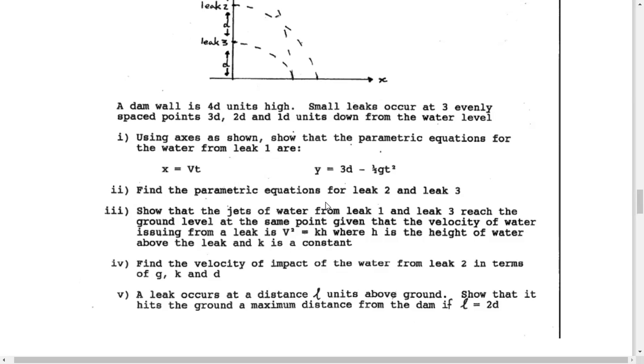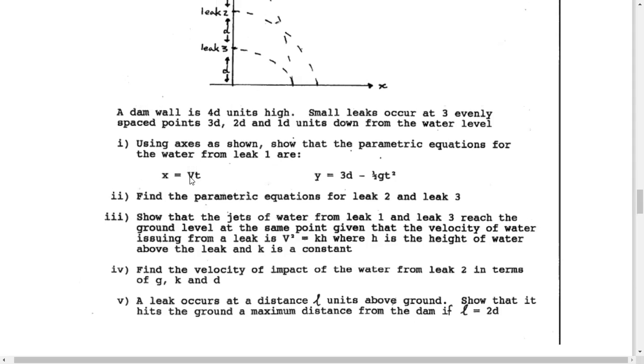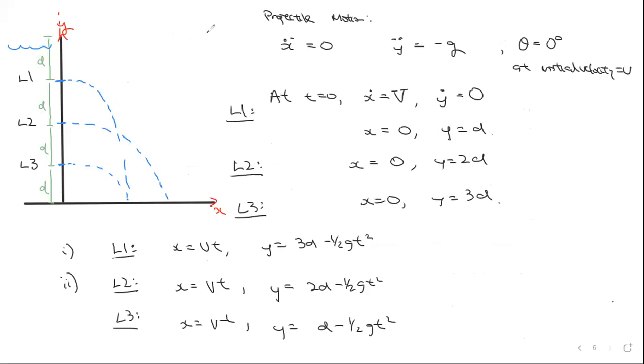So we can let v be the velocity, but v is not constant, as we were saying. Now we have this situation where v squared equals kh. So you want to show that this and this reach the ground at the same point, horizontally, given the relationship. So we'll need our expressions here.